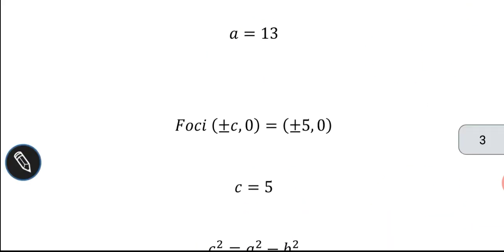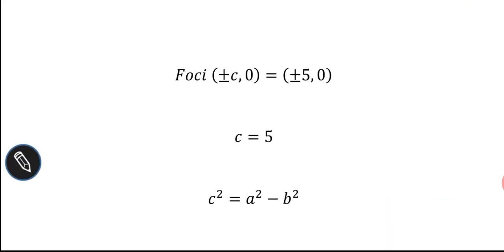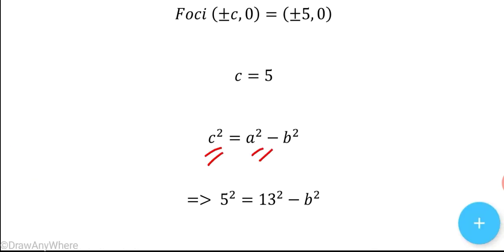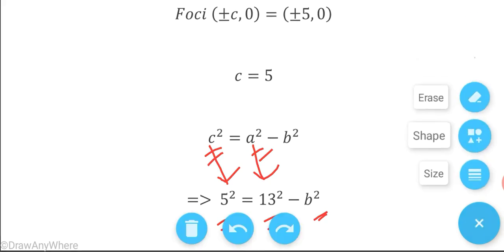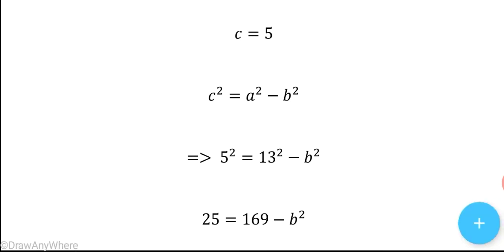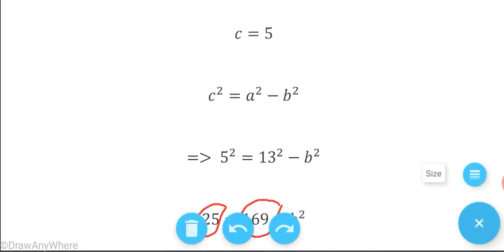Now the relation between a, b, c is c squared is equal to a squared minus b squared. Put the values: 5 squared is equal to 13 squared minus b squared. 5 squared is 25, 13 squared is 169, so 25 is equal to 169 minus b squared.